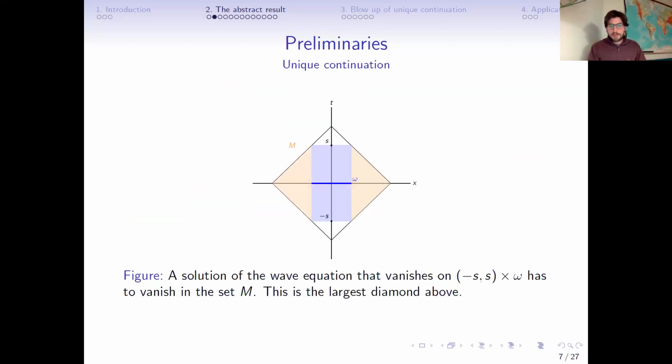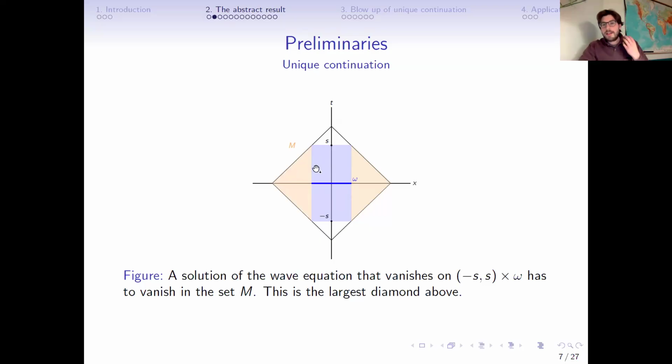The optimal result for the wave equation I considered in the beginning is that, in a picture, if your solution is zero on this blue cylinder, which in the picture is a rectangle but in more dimensions you can imagine a cylinder, then it has to vanish on this larger diamond that I have here in yellow.